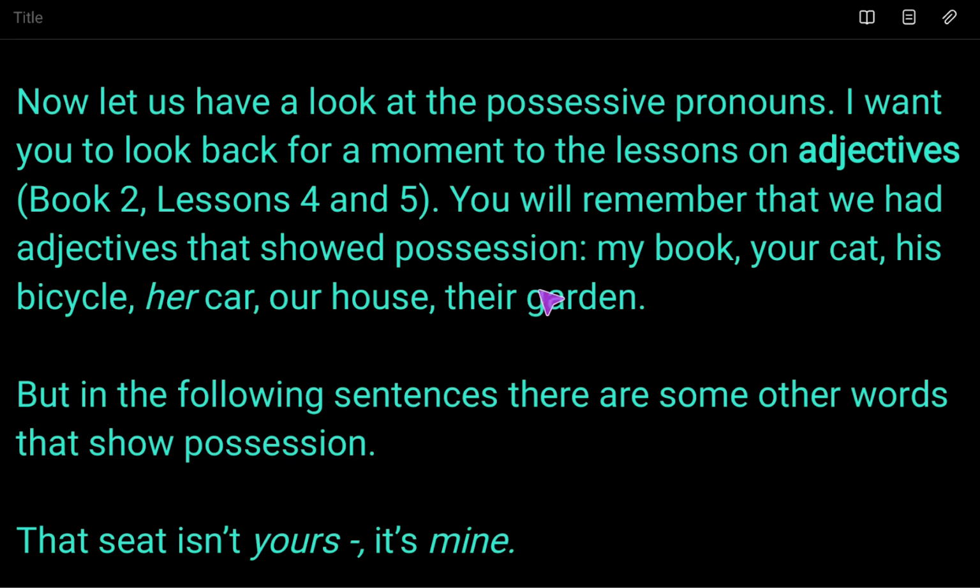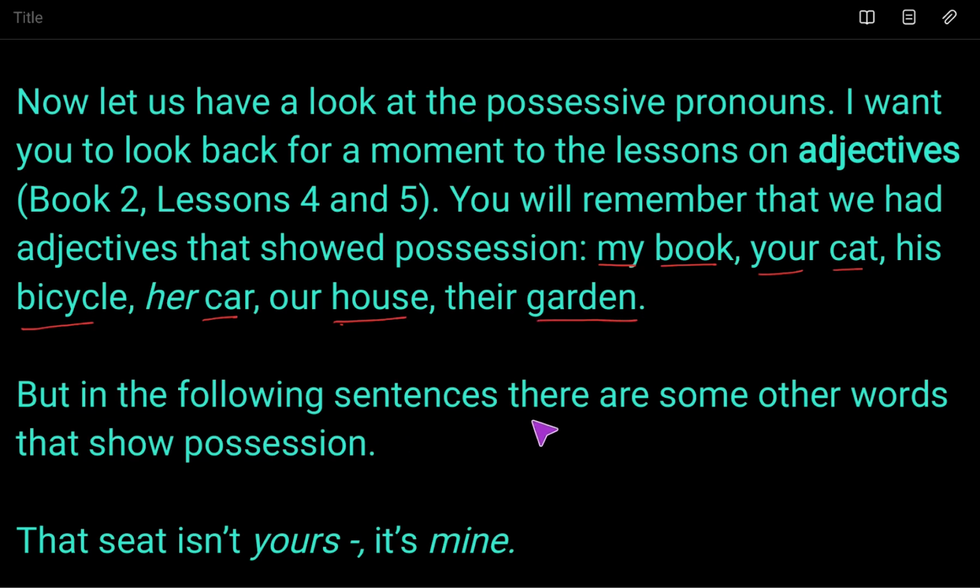See, my has described the word book. Same here, your has described cat. His describes bicycle. Her describes car, our describes house, and their has described garden.